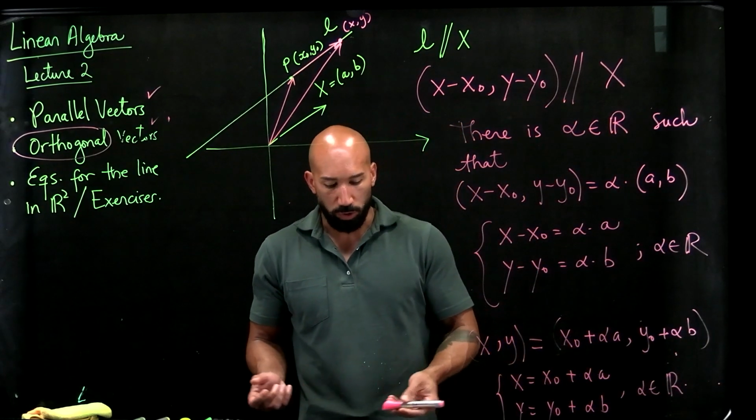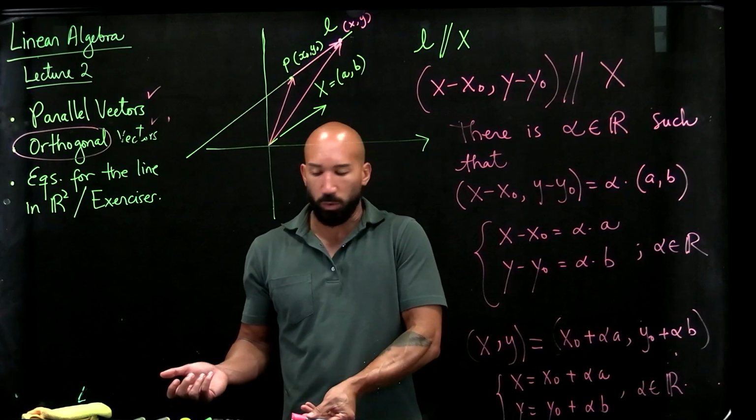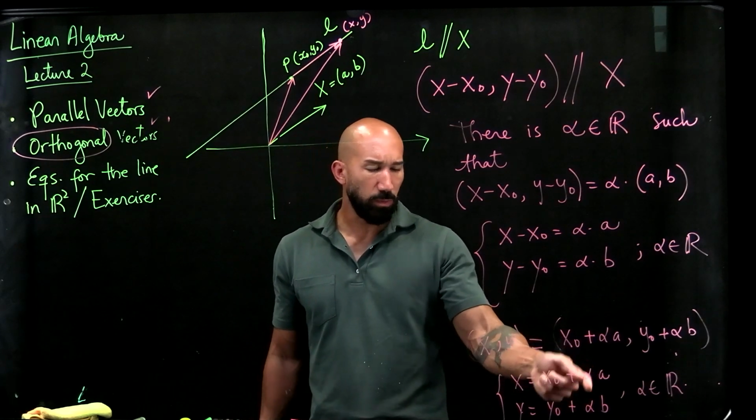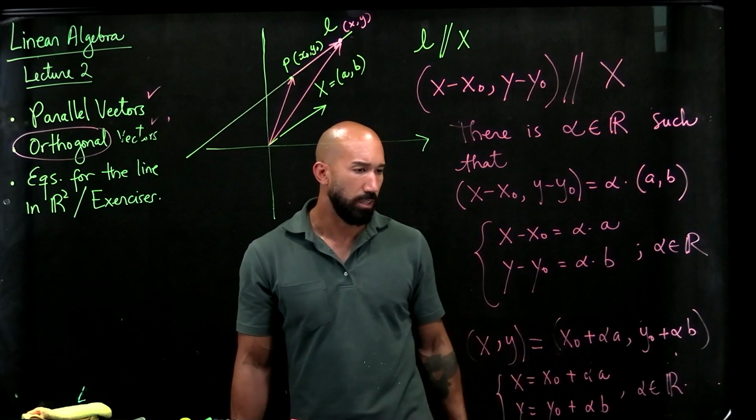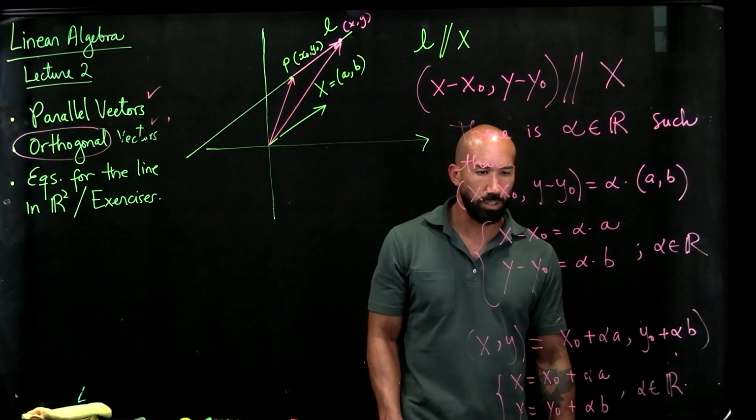And this is my first equation for the line, which I'm going to call the parametric equation of the line. Why parametric? Because we have a parameter alpha here.